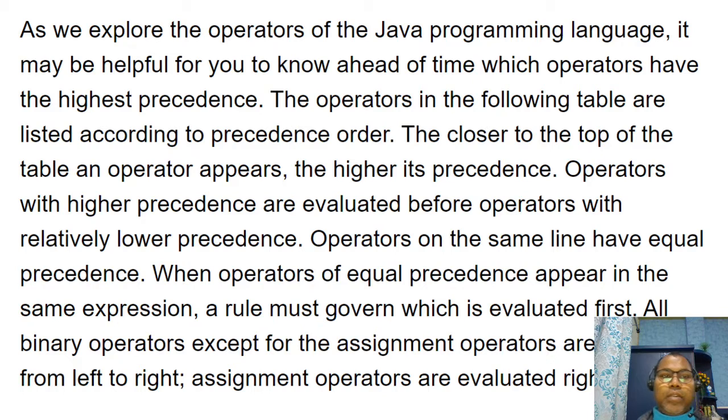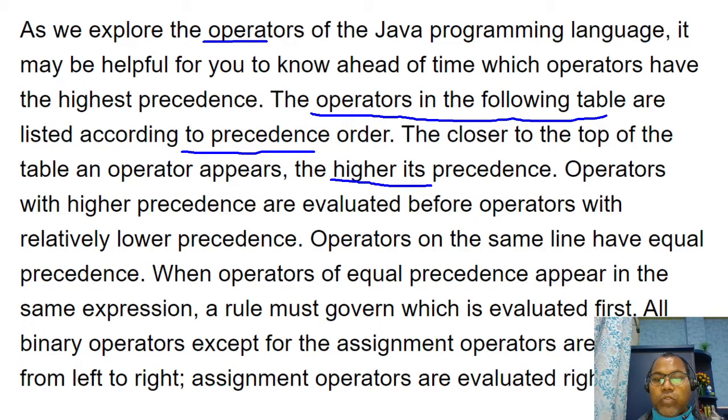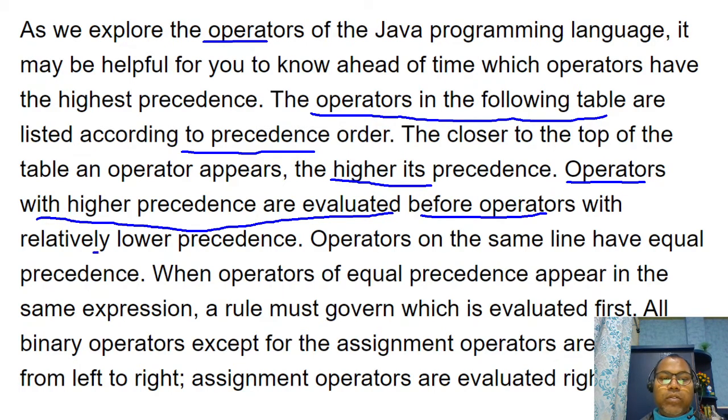The operators are listed in the following tables in precedence order, with the highest at the top. Operators with higher precedence are evaluated first, and after that the lower order, so please note this.